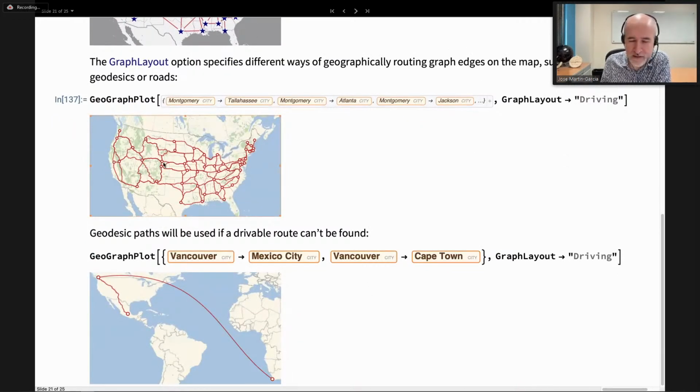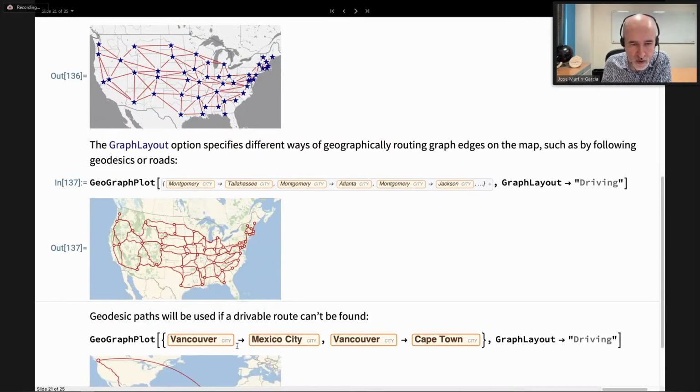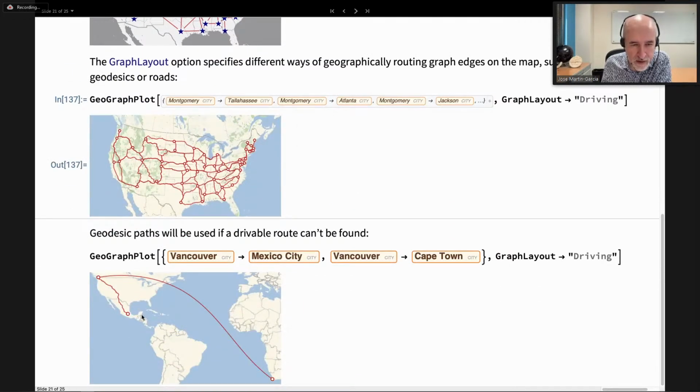And while that computes, by default, this is using driving instructions, but we don't have information on how to go from one continent to another. If you just have to go across a small sea or something like that, we will add ferry information, but we don't have information about how to cross the Atlantic, so we add just a geodesic.